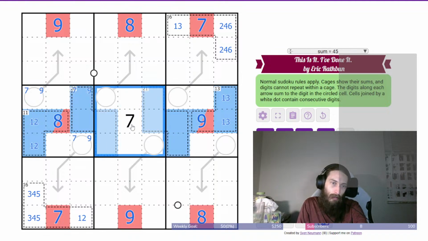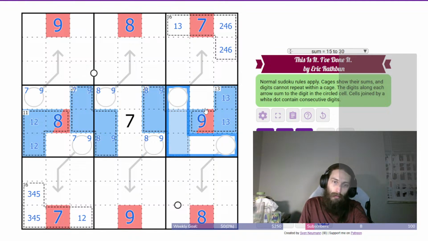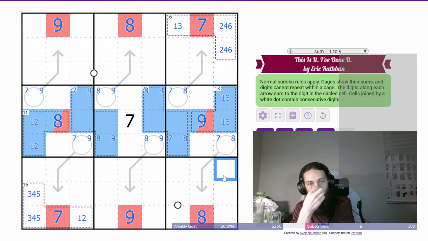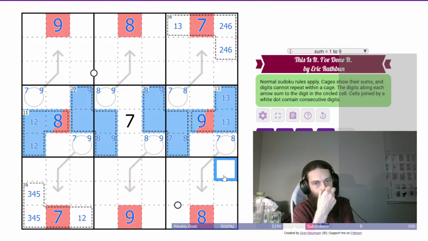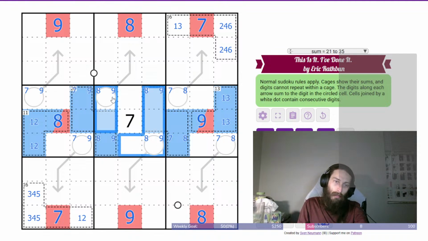What about the 8, 9 in this box? It's not there, not there. 8, 9. And our 7, 8. Less helpful in the middle box.